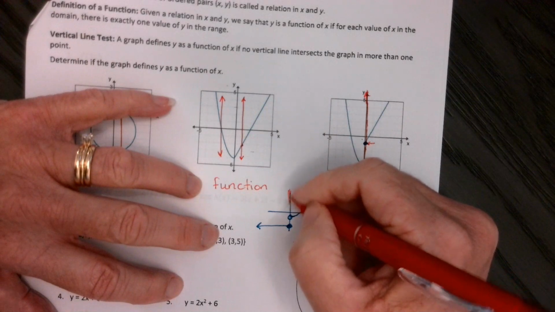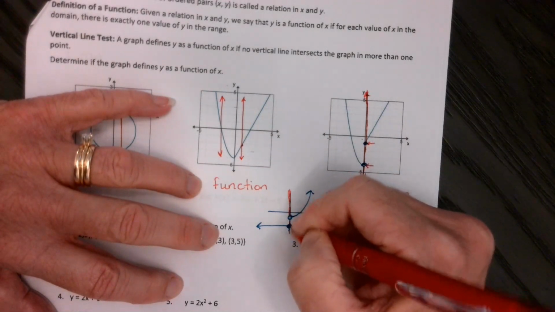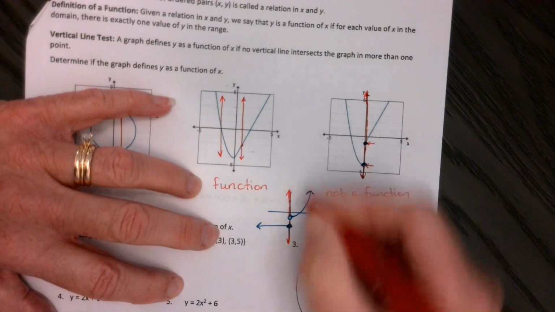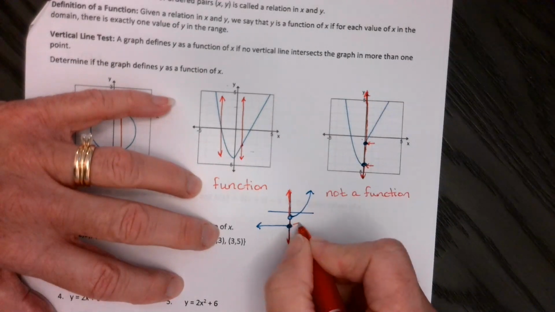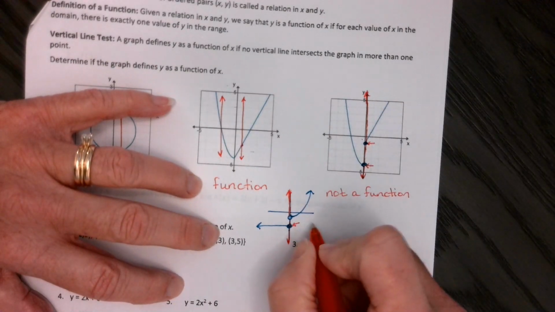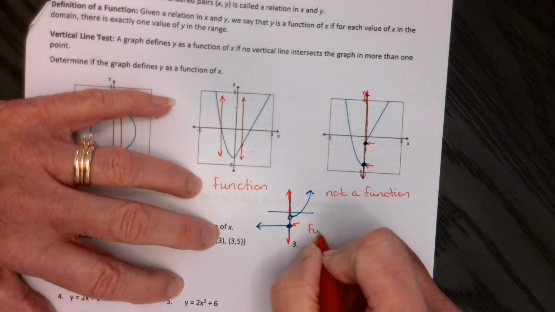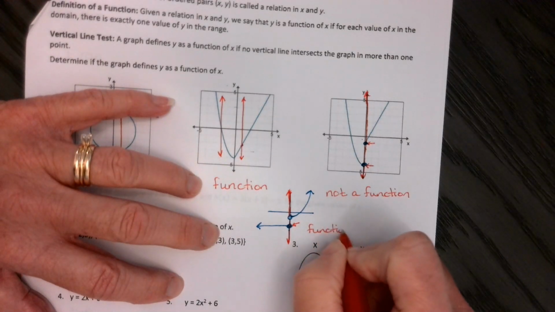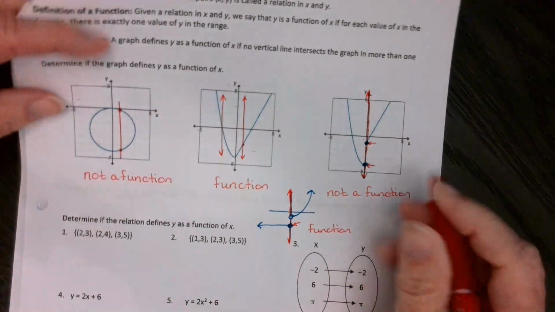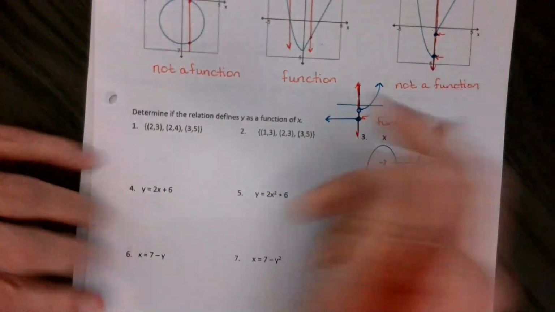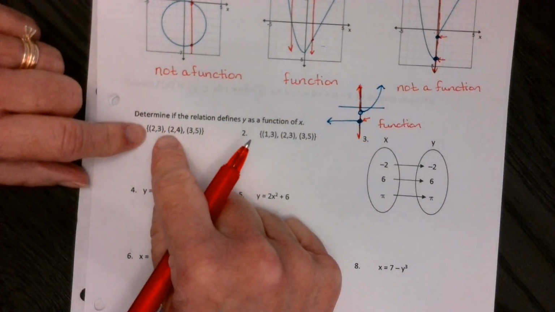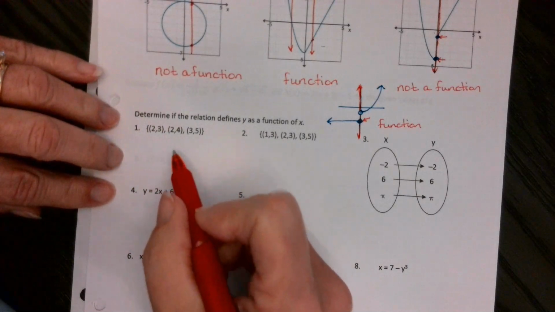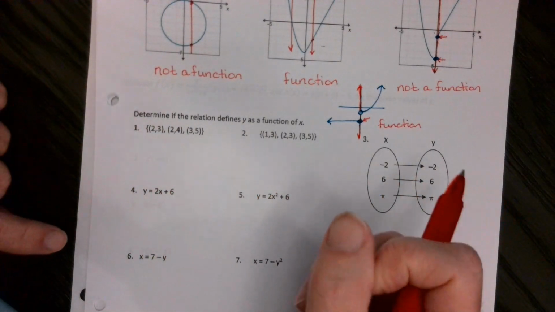Here, if I draw a line, it doesn't count here, so it's only hitting at one spot. So this is a function, where this one's not. Right here, one x can only go to one y.